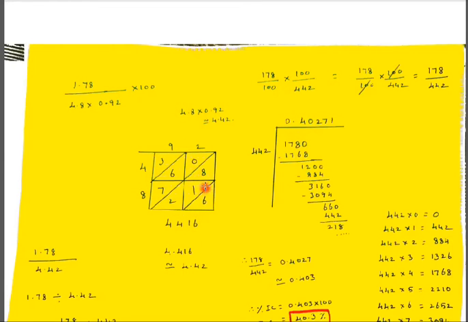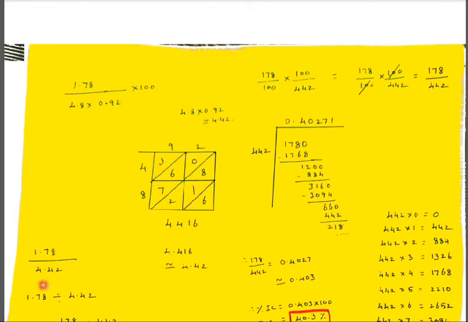Adding, we get 416. There are 2 decimals and 1 decimal, so 3 in total. So 4.416, approximately 4.42.